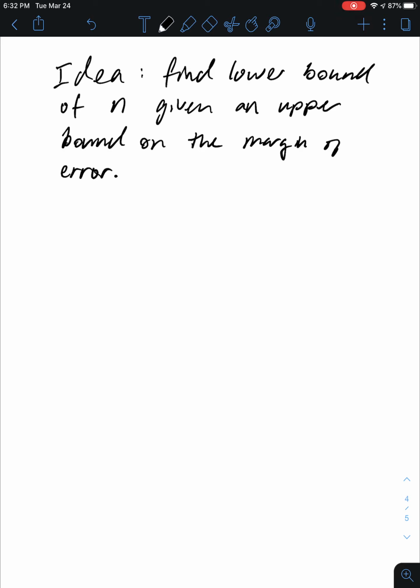So in the previous question, our upper bound on the margin of error was that the margin of error had to be less than 4. And that gave us a lower bound: n has to be at least 106. So that's the question and the answer for these kinds of problems.